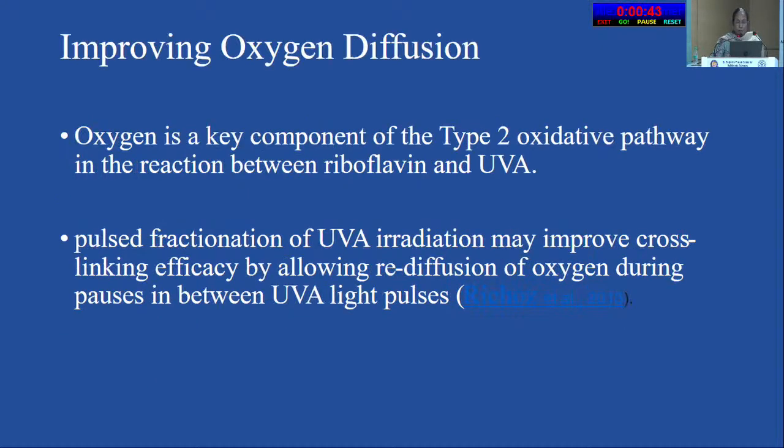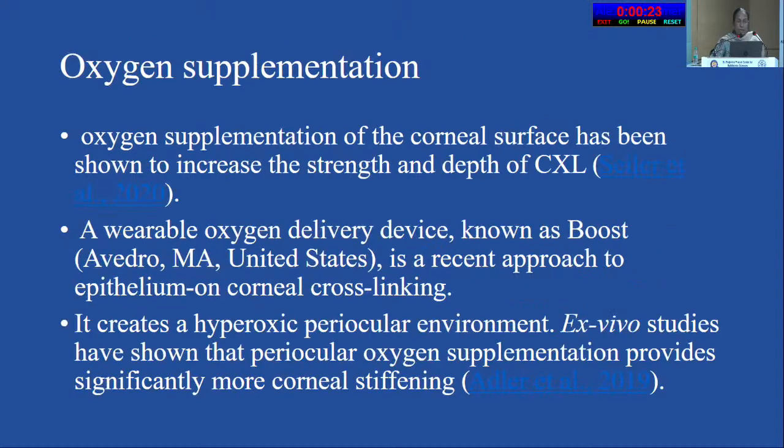Now, how do you improve the oxygen diffusion? Oxygen is a key component of the type 2 oxidative pathway in the reaction between riboflavin and UVA. So I think in the earlier session it was said, pulse fractionation of UVA radiation may improve cross-linking efficacy by allowing rediffusion of oxygen during the pauses between the UVA pulses.